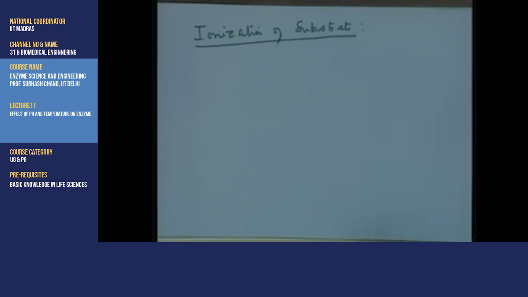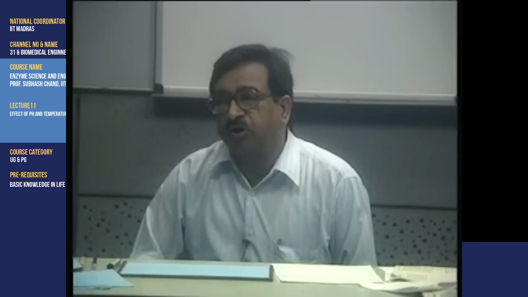And of course, depending on the number of charged functional groups on the substrate, the situation might be more and more complex.